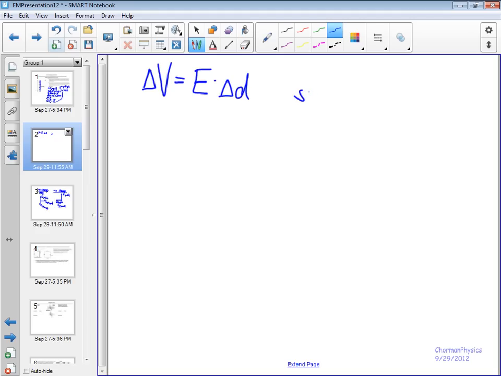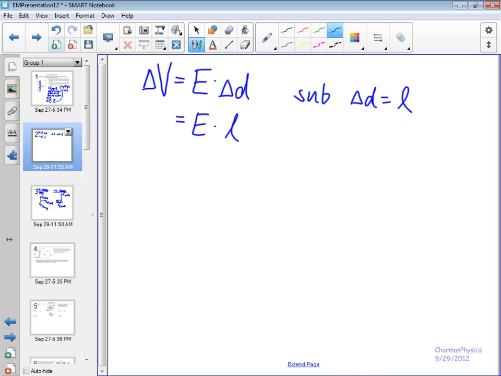I'm going to substitute the length of the conductor for delta D. That's the length that we're going to consider between both ends of the conductor. We want that potential difference, so that's equal to electric field strength times L.